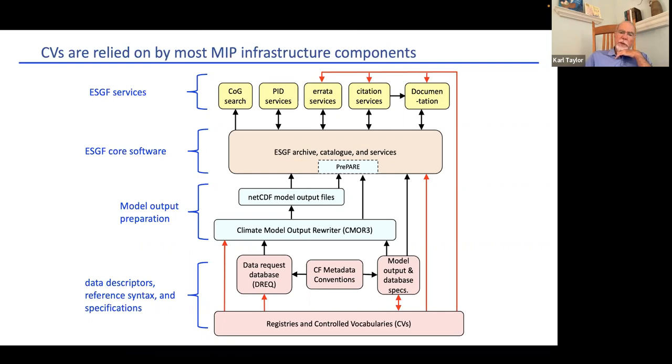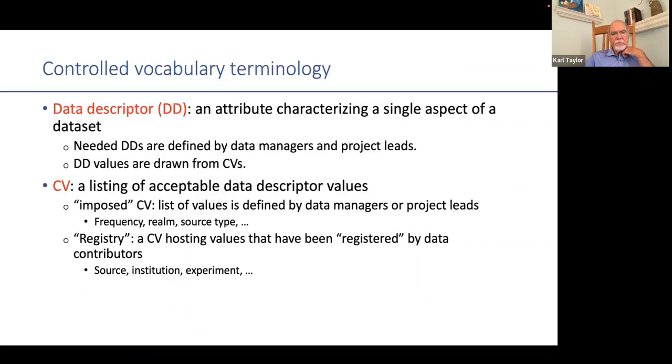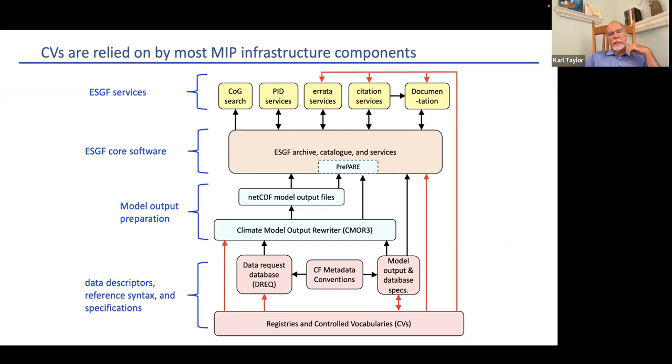It goes into the data request. The CVs feed also into some of the services shown at the top there, things like the errata service, citation services, and the documentation of models and experiments. So the controlled vocabulary serves lots of different purposes. And importantly, they allow these different components of the infrastructure to better communicate with one another.